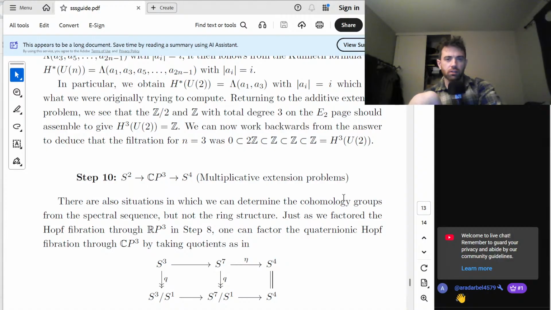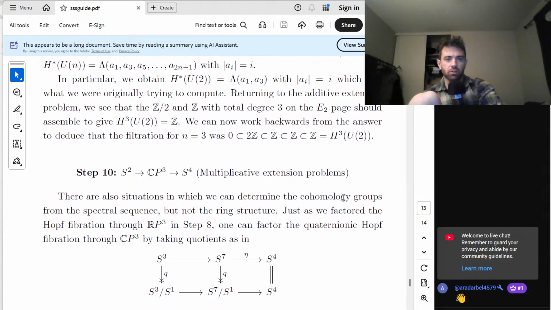Returning to the additive extension problem, we see that the Z2 and Z with total degree 3 on the E2 page should assemble to give Z. We can now work backwards from the answer to deduce that the filtration must have been that. Okay.